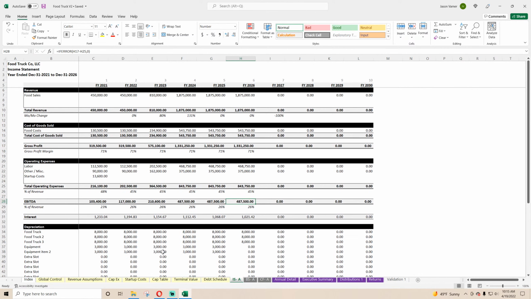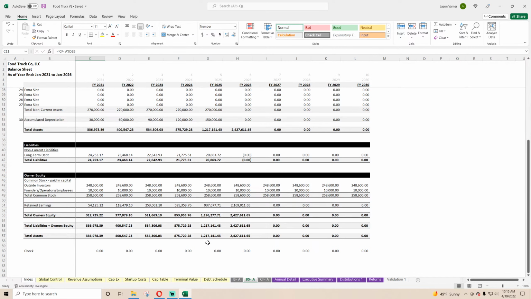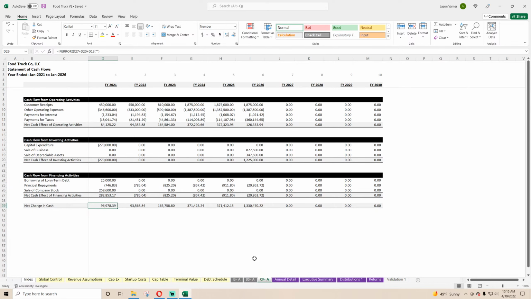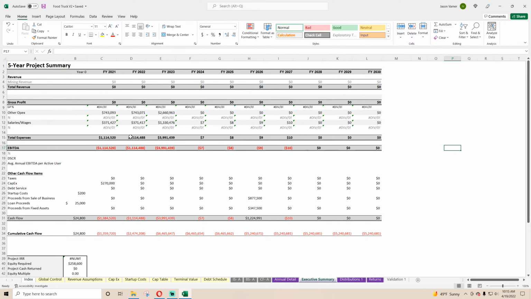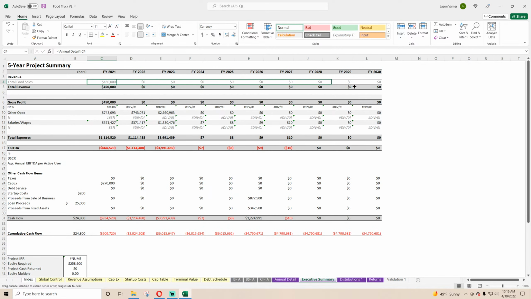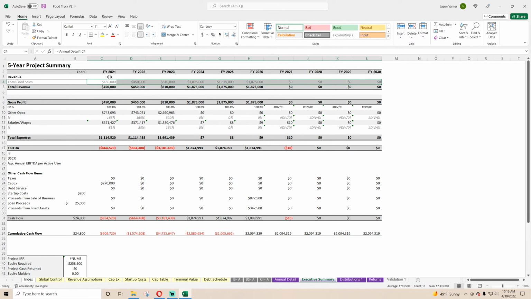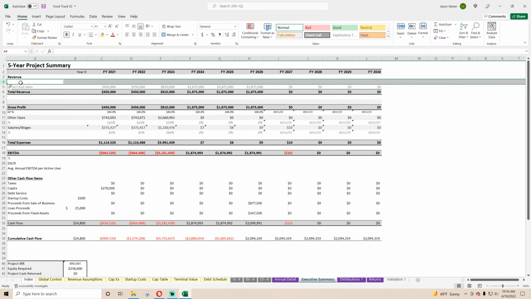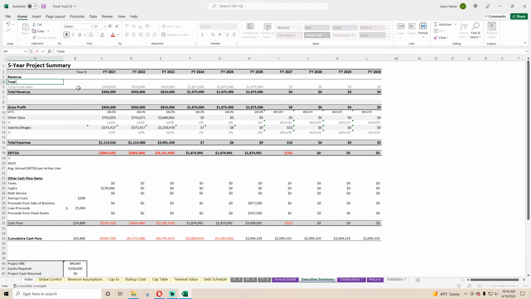So we have our 3-statement modeling done. Now I want to move to the executive summary. So here, this is not mining revenue, this is total food sales. And we could put in a nice metric here that says something like total sales per year.